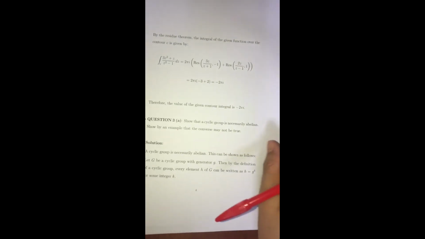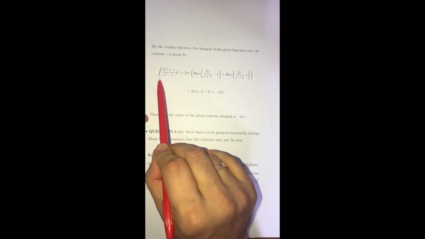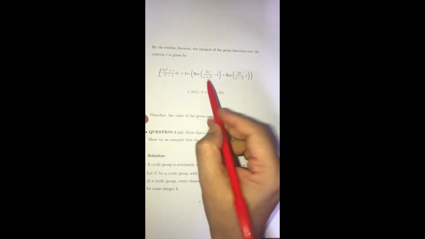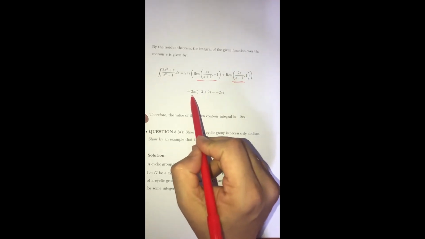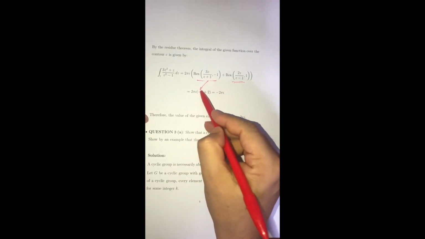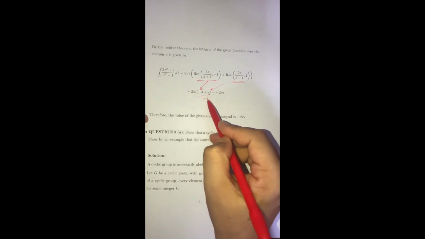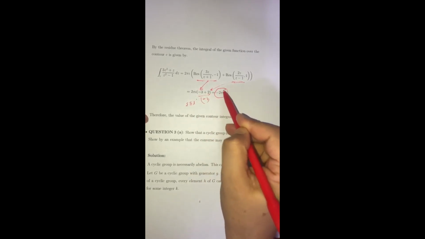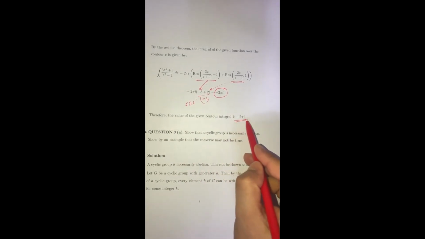So as per the residue theorem, the integral around this circle of the integrand is equal to 2 pi i times the sum of the residues, the first being minus 3 and the second being 2. So ultimately this will be equal to minus 1. So minus 1 into 2 pi i gives us minus 2 pi i. Therefore the value of the given contour integral is minus 2 pi i.